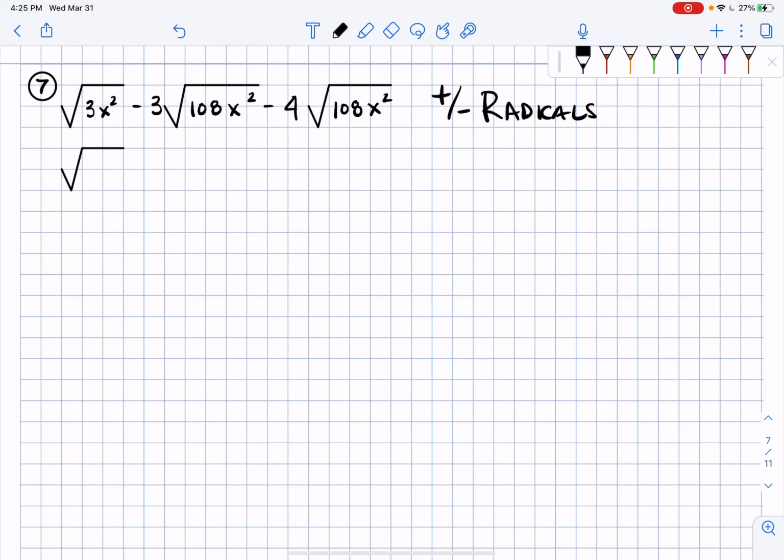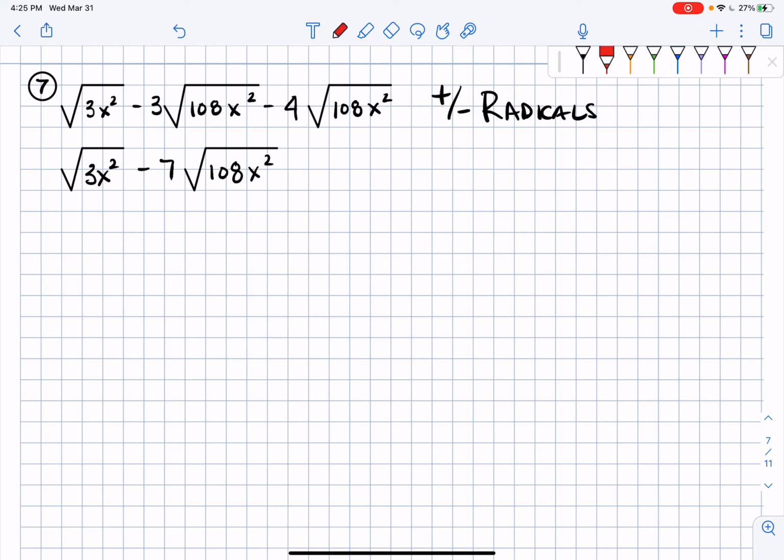this right here, which is 3x squared minus 7 times the square root of 108x squared. Okay? Now I can break it down.